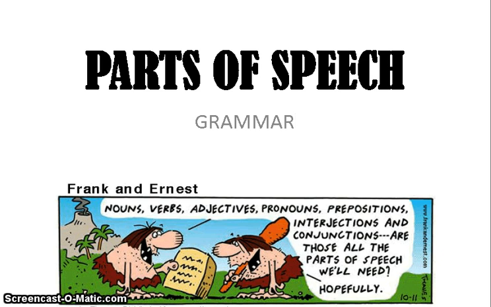Hence, it is useful to learn how different words function within a sentence. Look at the table below. There are 8 main functions, each of which can be used to describe a word.